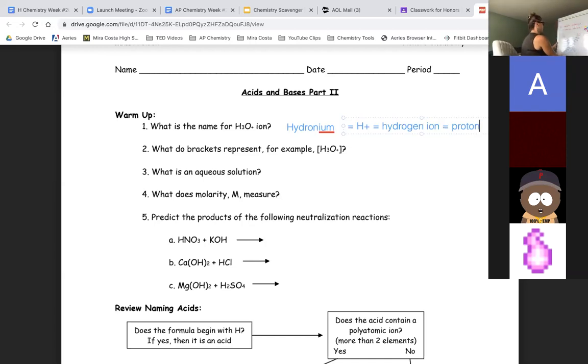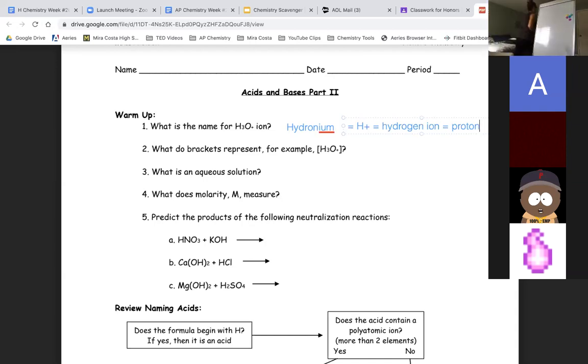Okay, so if you think back to the very beginning of the school year when we learned about isotopes. Let's see if I can adjust this here so you can see. Okay, we learned that there's 3 different isotopes of hydrogen. They are protium, deuterium, and tritium, okay? And they differ by the number of neutrons, right? My lighting here is not fantastic.